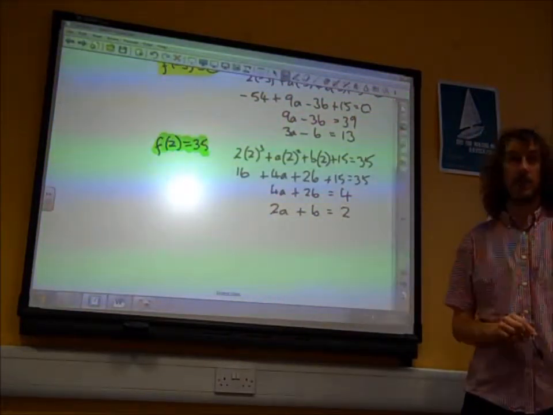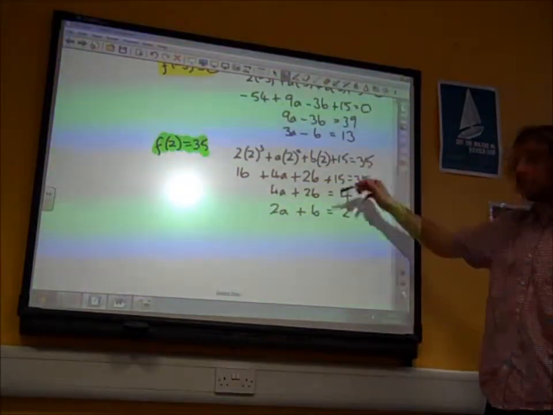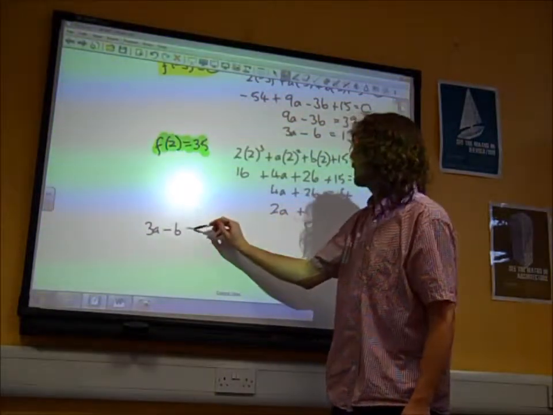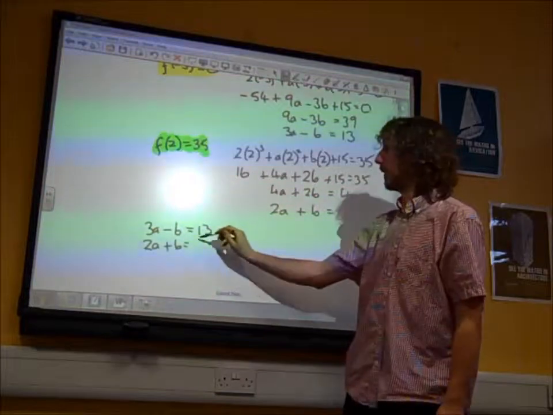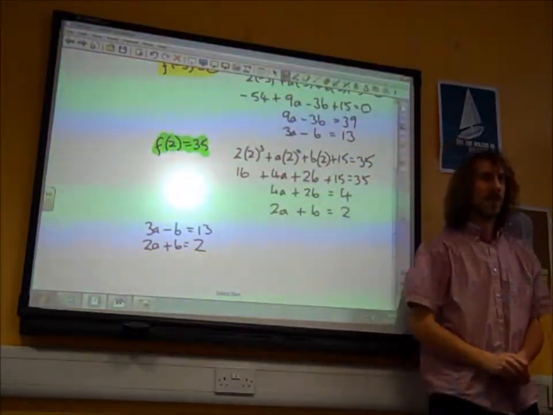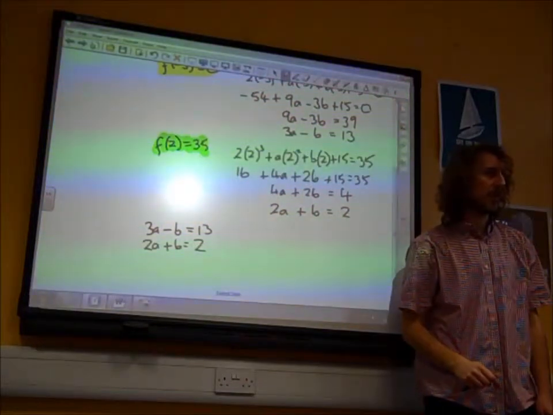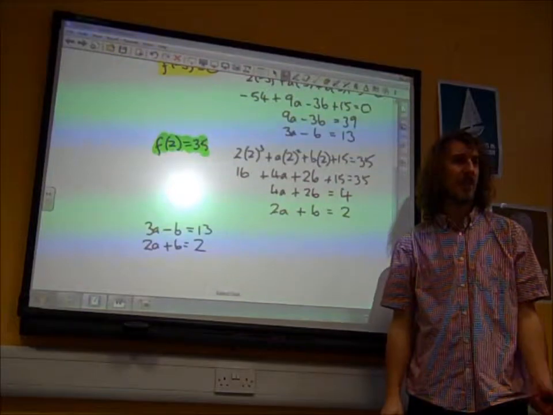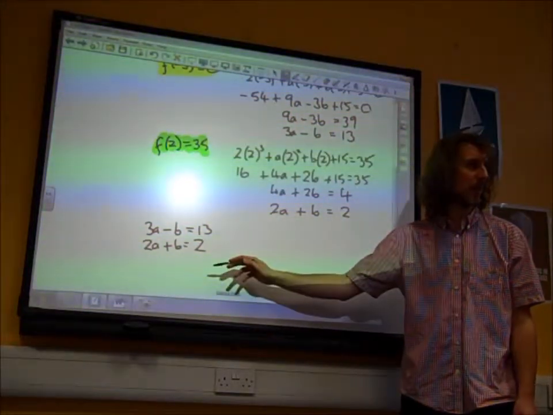Look, we've ended up with simultaneous equations. We've ended up with equations that say 3a minus b is 13, 2a plus b is equal to 2. We know how to solve simultaneous equations. We could rearrange the first one to say b equals and substitute it in. Actually, in this case, I think it's going to be easier to just add the two equations together.